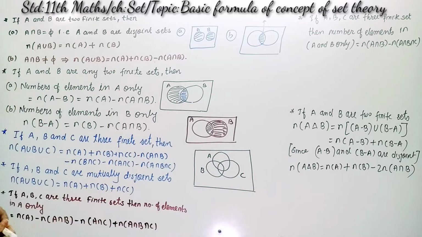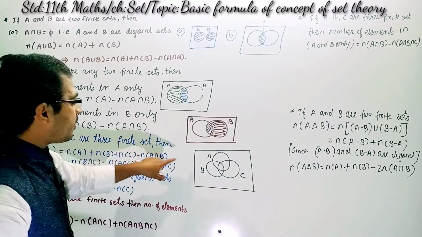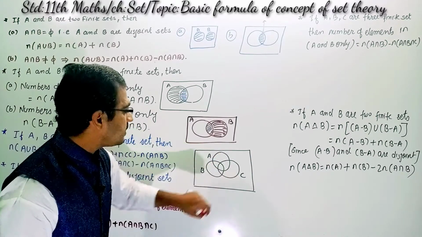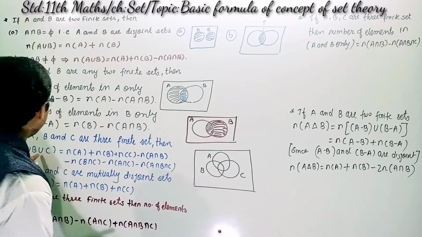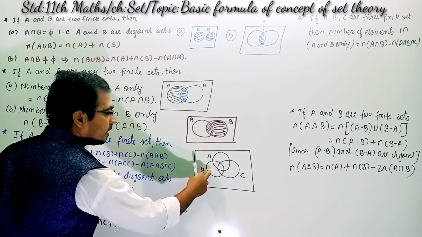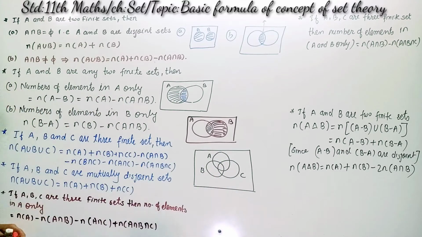Okay students, if A, B and C are finite sets, then you want to find out n of A union B union C, meaning the number of elements of A, B and C, right students?